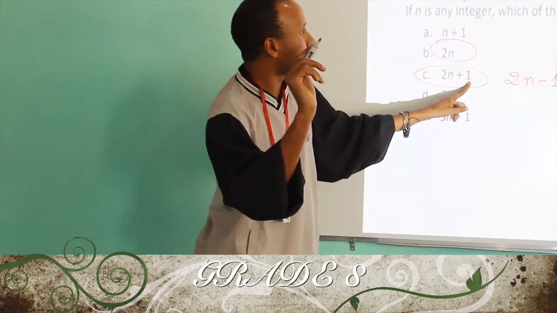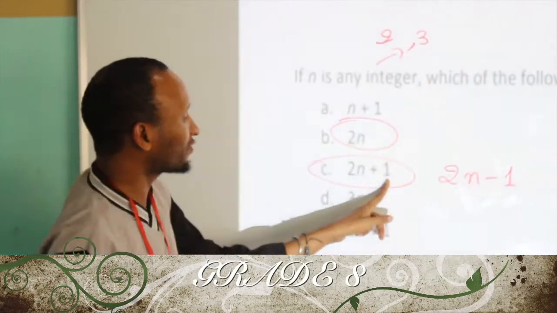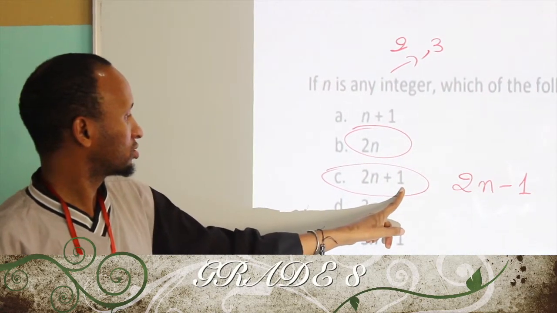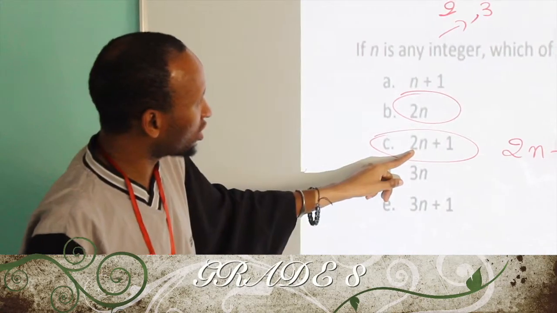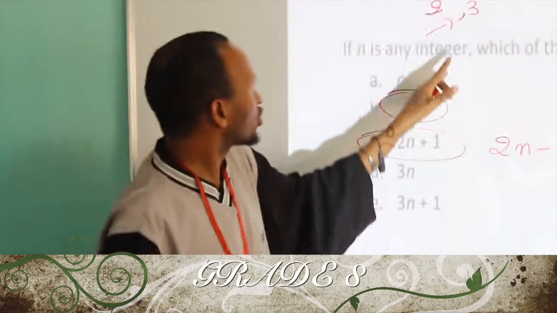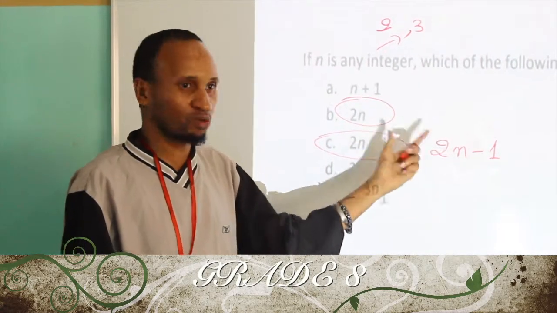That's odd, right? But what if the number was 2? What if it's even? Again, you multiply, you get 4, plus 1 is 5. So whether even or odd, this result is always odd. So the answer is C.